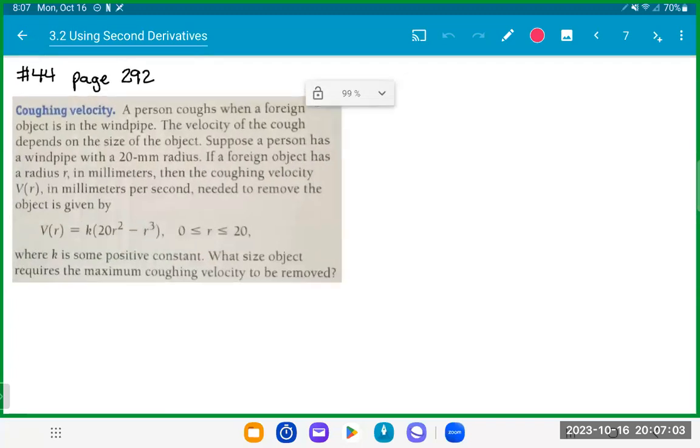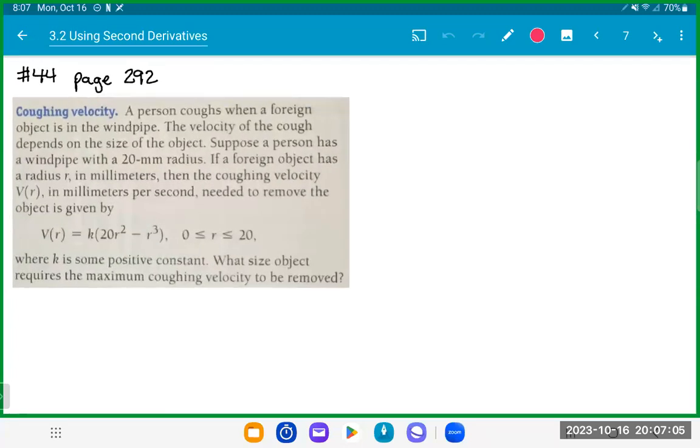And so it says that a person coughs when you have a foreign object in your windpipe, and the velocity of the cough depends on the size of the object that is lodged. And suppose that a person has a windpipe with 20 millimeter radius. If a foreign object has a radius r in millimeters, then the coughing velocity is given by this equation, which is what is needed to remove that foreign object. Okay.